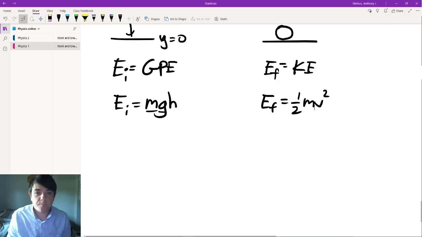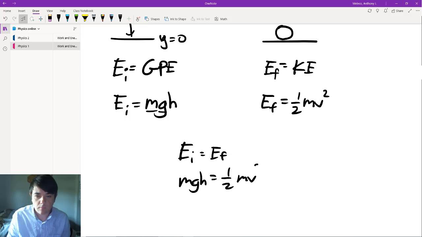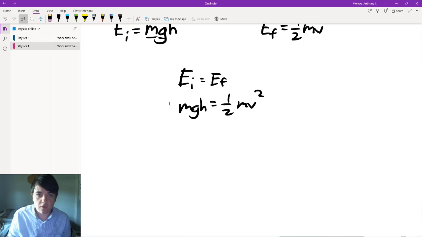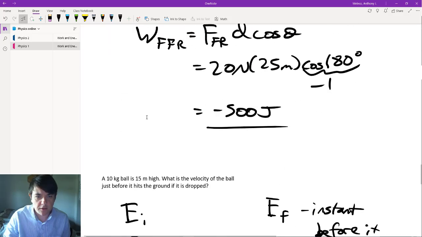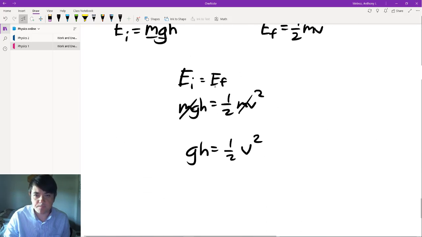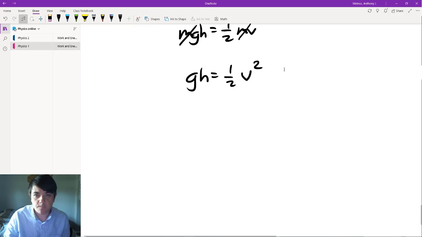So now we set them equal, and we can solve. gh equals 1/2 v squared. We wanted to solve here for velocity, so we're going to multiply the 2 over and take the square root.